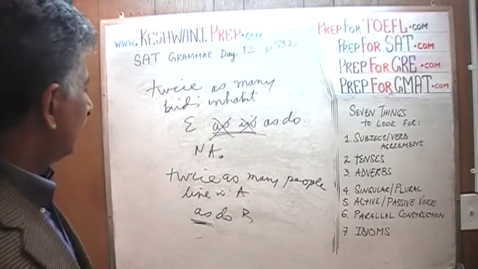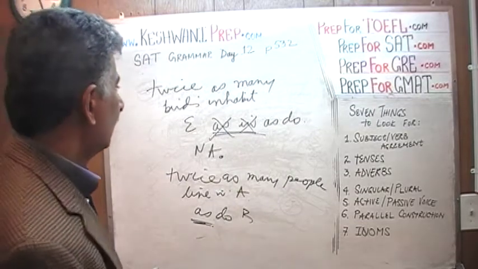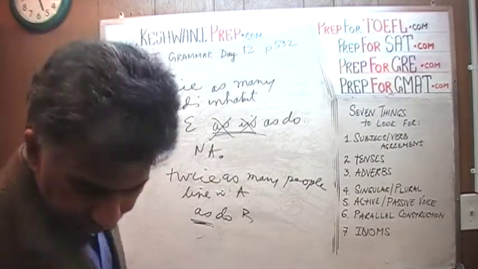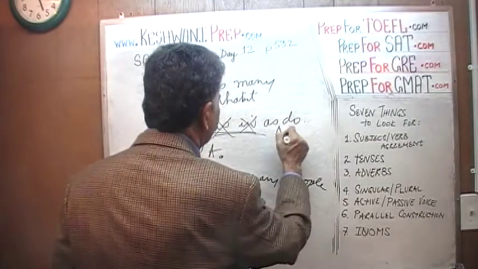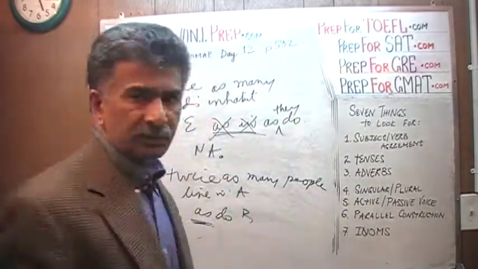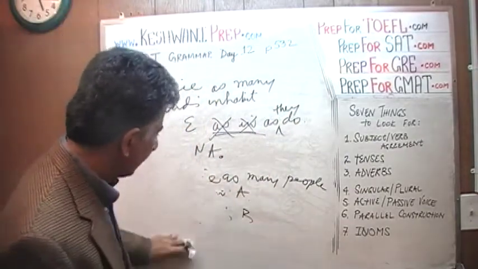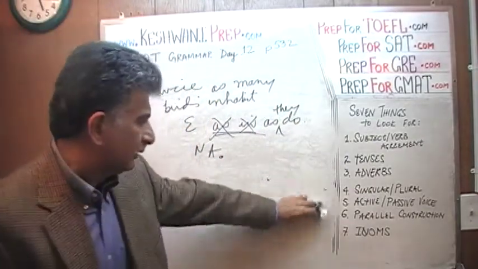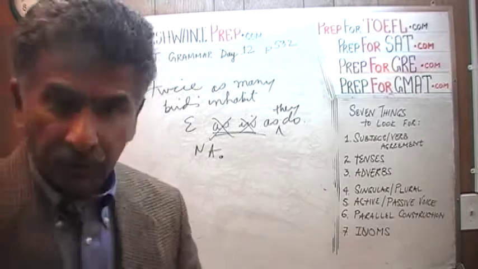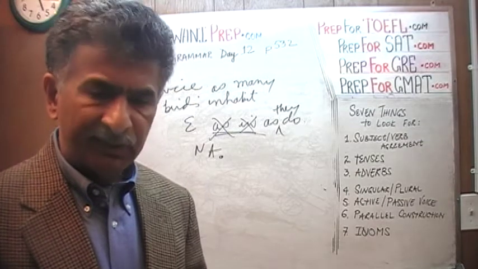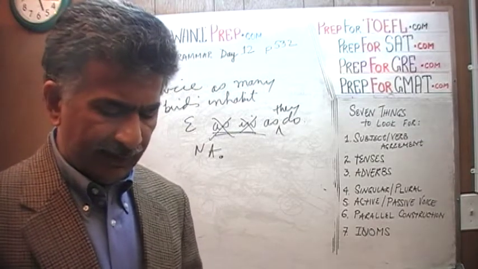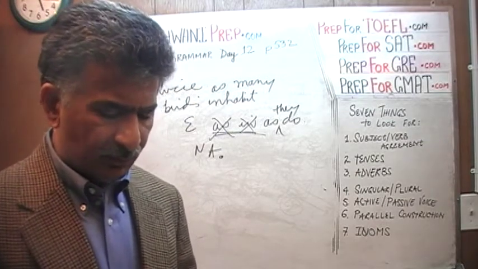Twice as many birds inhabit Ecuador as they do North America. This example was not working out fine. I'm going to erase this part. So again, what we're doing here is that twice as many bird species inhabit Ecuador as they do North America.